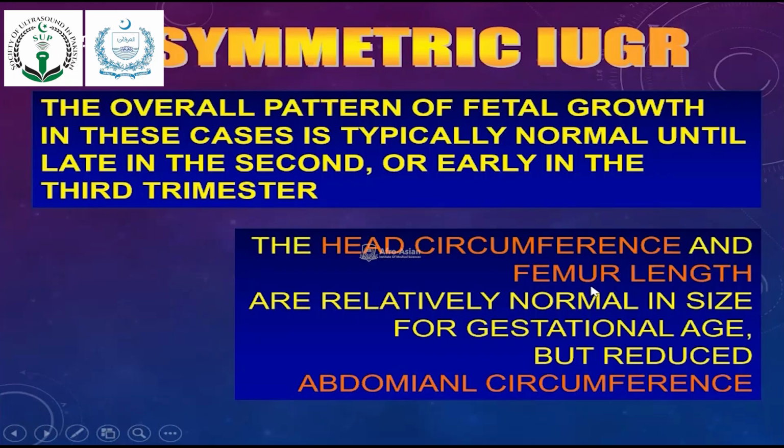The head circumference and femur length are relatively normal in size for gestational age but abdominal circumference is reduced. So the femur and head are growing, but abdominal circumference is less. That will indicate asymmetrical IUGR.